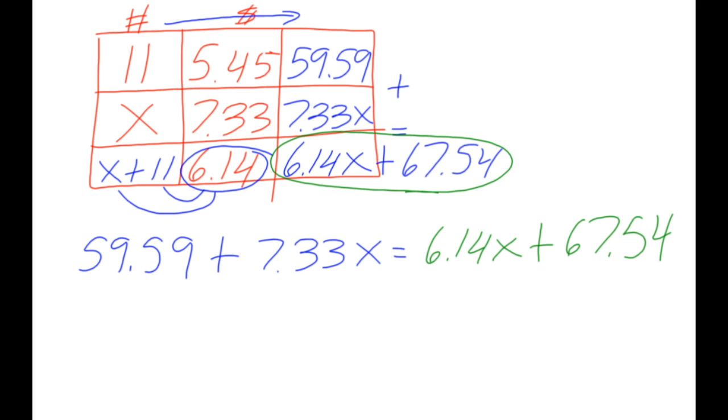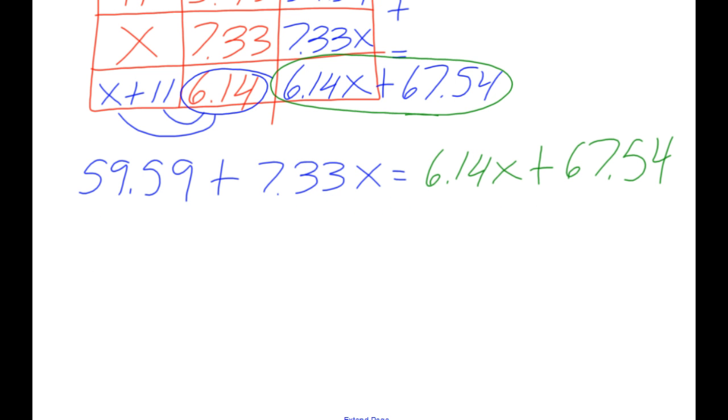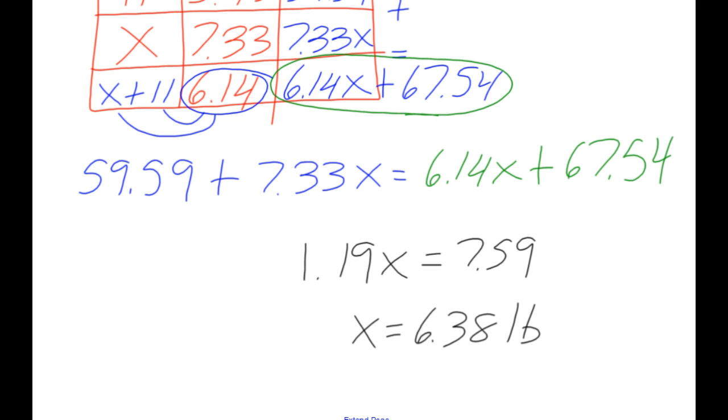You have to solve that equation. As you go through the process of solving, that's the part that you should know. You're going to end up with 1.19x equals 7.59, I believe. And when you divide that out, you get x is equal to, rounding it to the nearest hundredths, 6.38 pounds. So you'll have to have 6.38 pounds to answer that question. Next problem.